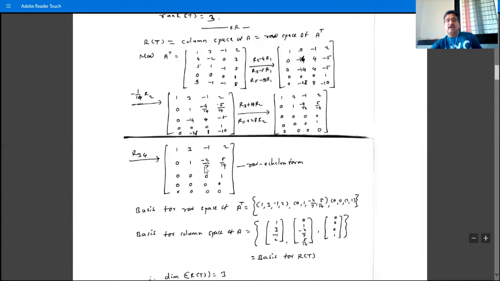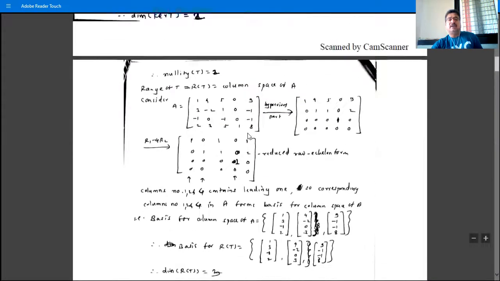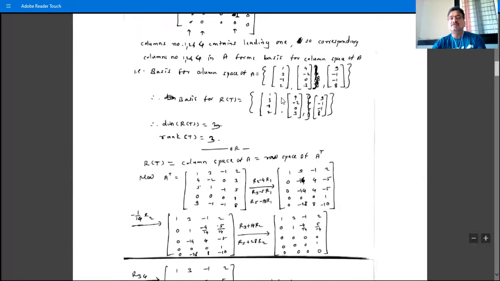The echelon form of any matrix can give a different answer. This reduced row echelon form is not unique, or row echelon form is not unique, and therefore the elements in the basis for the column space or row space are not unique.